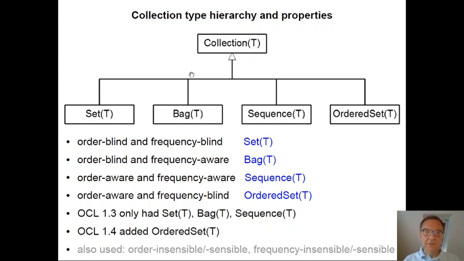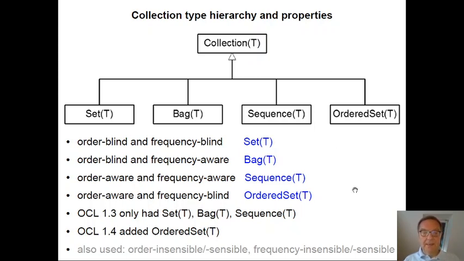So collection of T is a supertype of set of T, of bag of T, of sequence of T, and of ordered set of T, or speaking the other way around, for example, sequence of T is a subtype of collection of T.